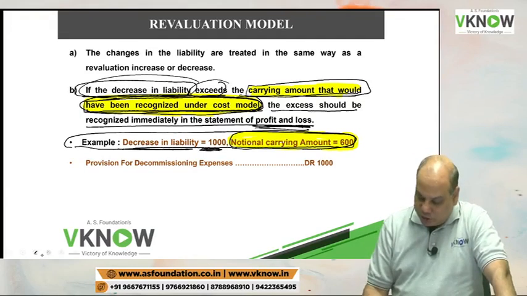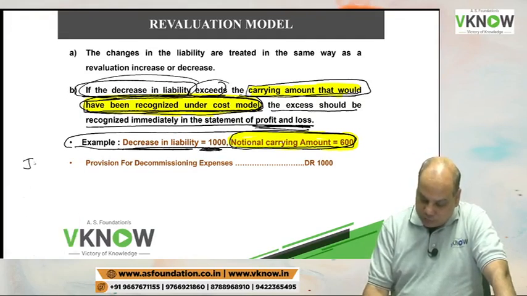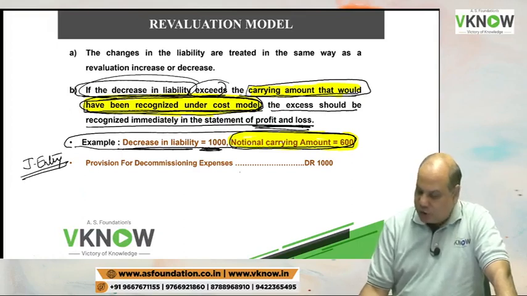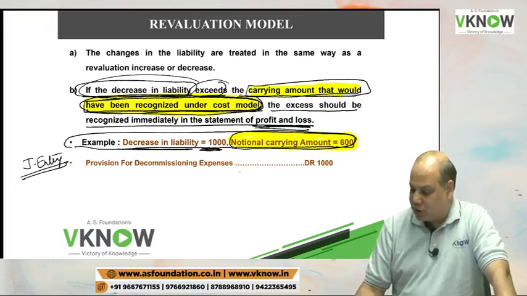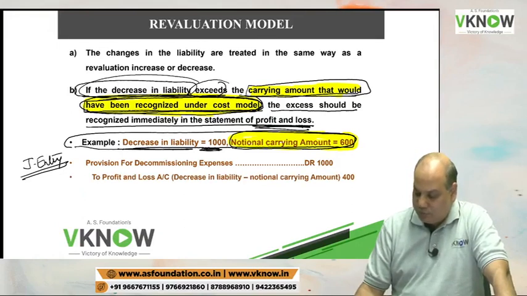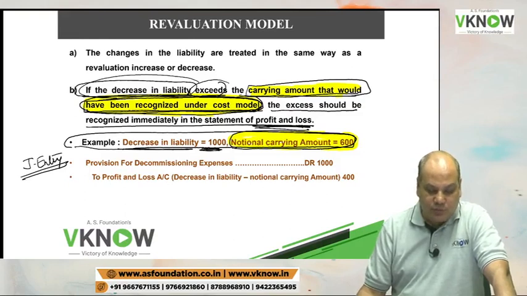So journal entry, write down. Provision for decommissioning expense account debit 1000. That is your reduction in liability.